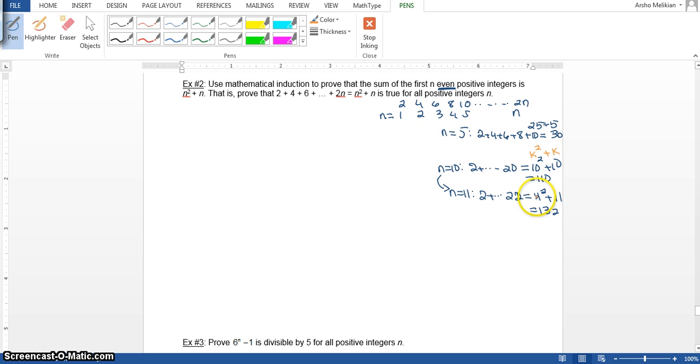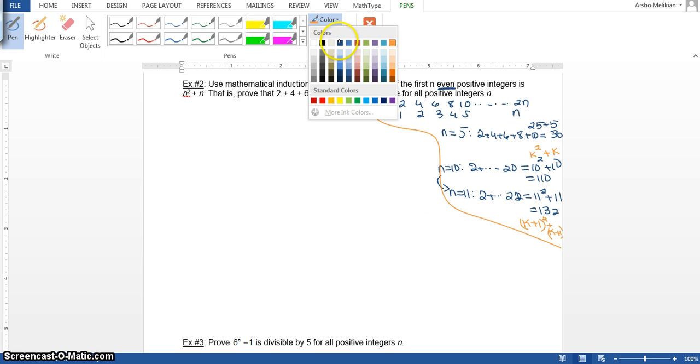From 10 to 11, it's k plus 1 squared plus what? K plus 1. So that's what my result should look like. Okay? Now, when I do this formal proof, my answer should look like this. So let's see if that is what we're going to get.